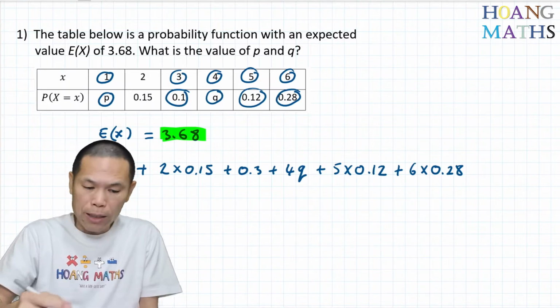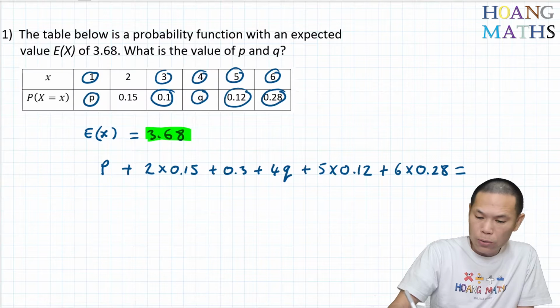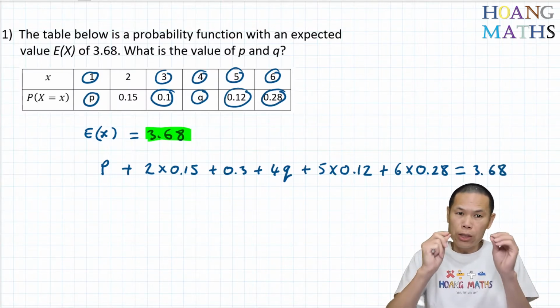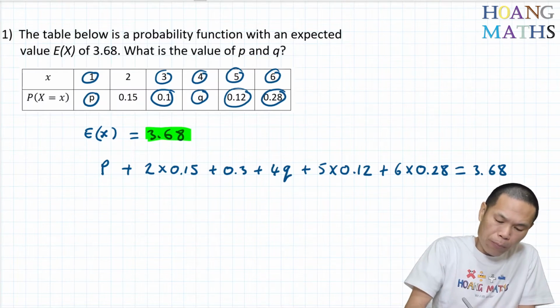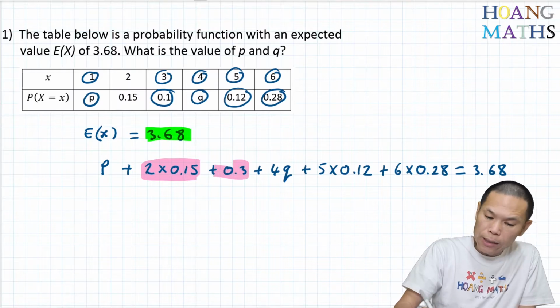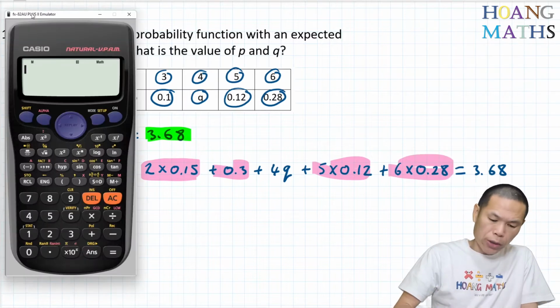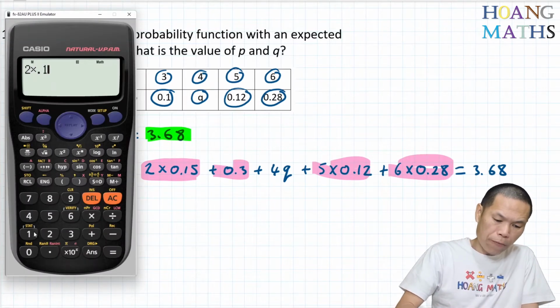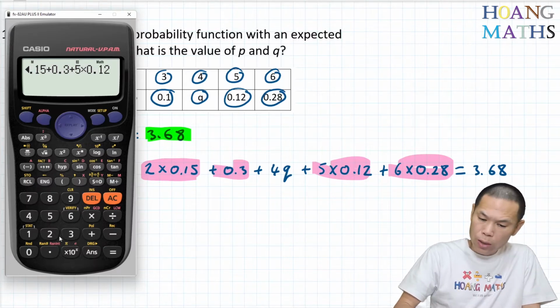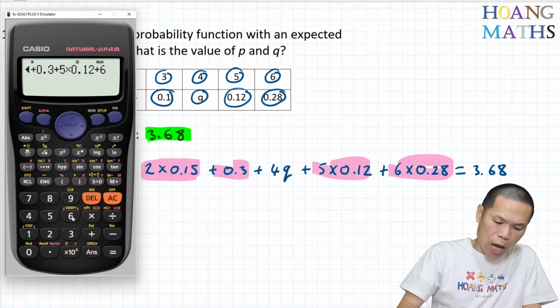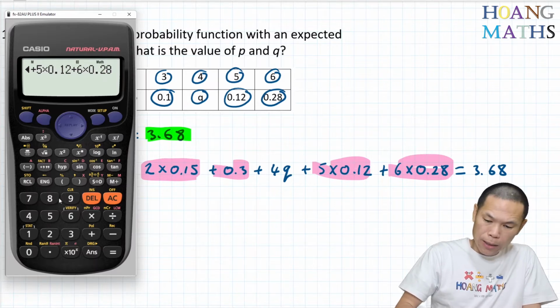And we know that the expected value is equal to 3.68. So what I do now, I just add them up. So I add 2 times 0.15, 0.3, 5 times 0.12, and 6 times 0.28.